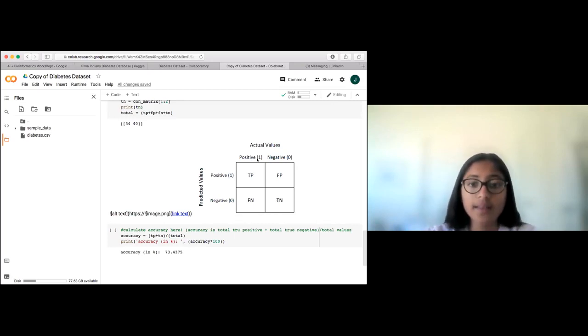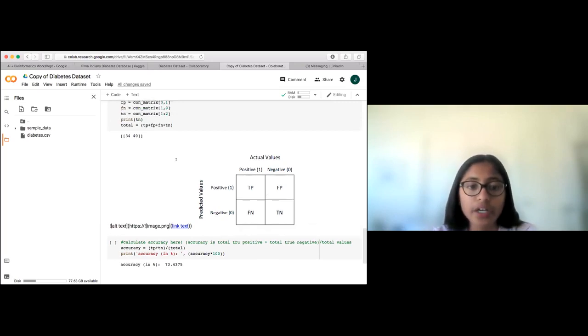In our case, the positives are 1, has diabetes, and the negatives are 0, does not have diabetes. So we want the numbers in this diagonal line to be as high as possible, and we want the numbers in the other diagonal line to be as low as possible.